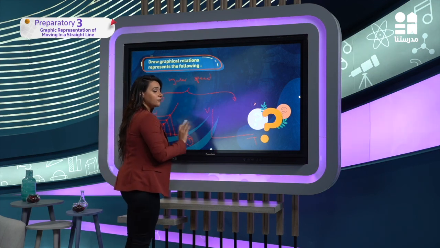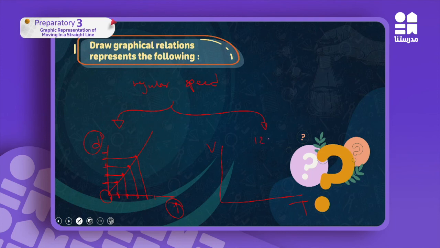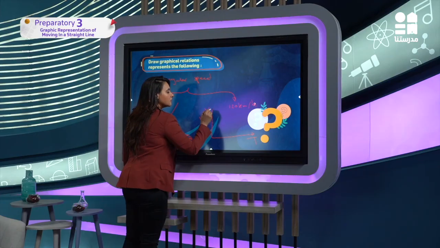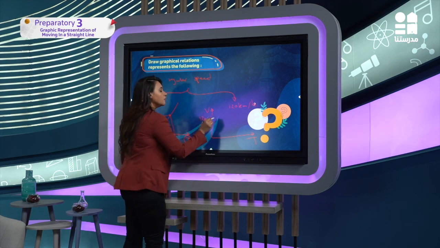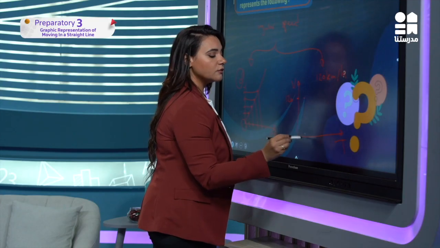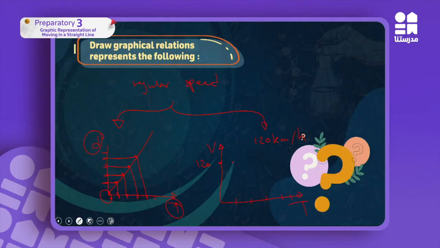طيب let's go to the other graph. هنا the speed is fixed. هو مثلا let's say that it's walking أو it's moving with a speed of 120 kilometers per hour. So this is the value of 120 and it's fixed as time passes. Do I need to change anything؟ ولا أي حاجة. إيه اللي هعمله؟ At the time of 1 hour it was 120. 2 hours 120 and till the end كده.